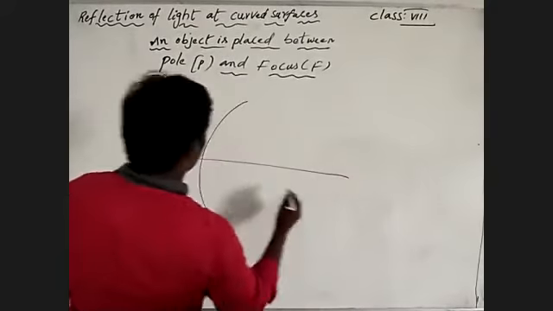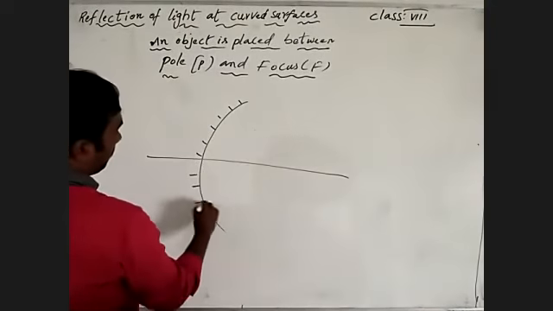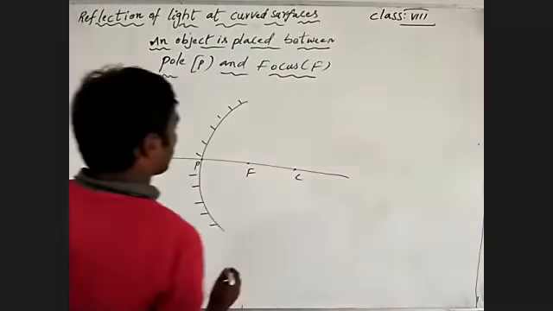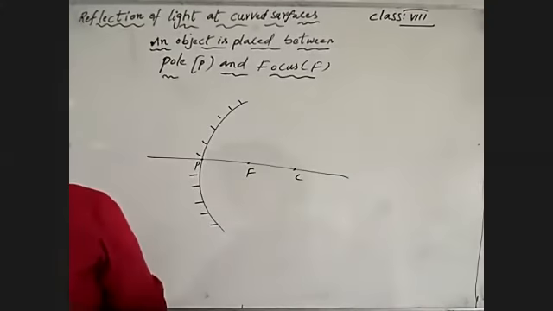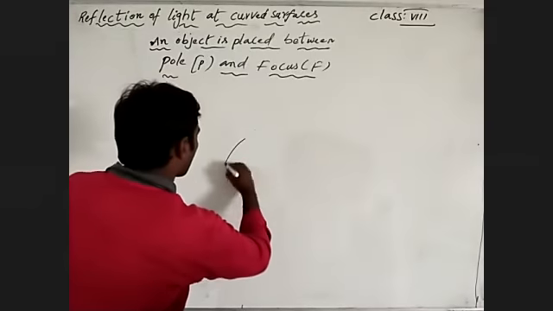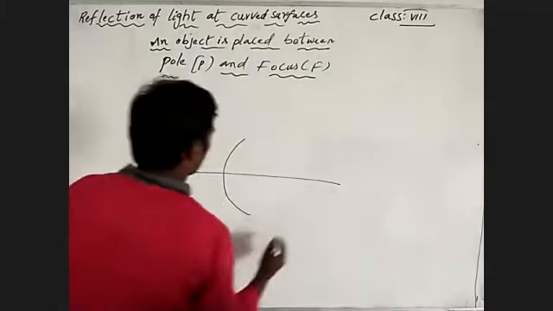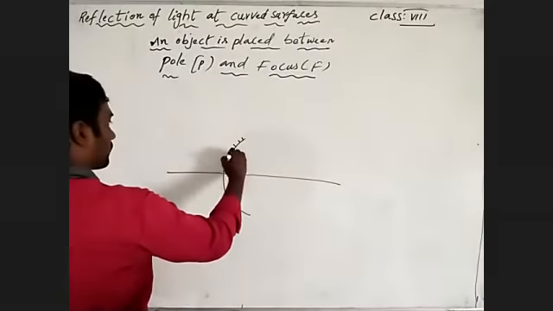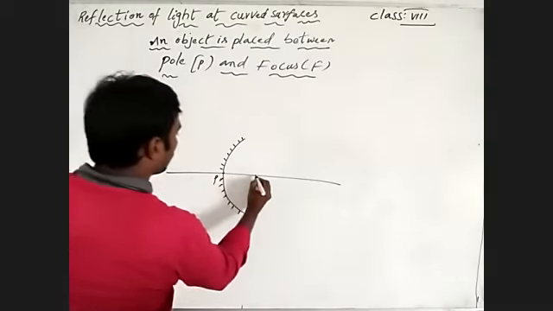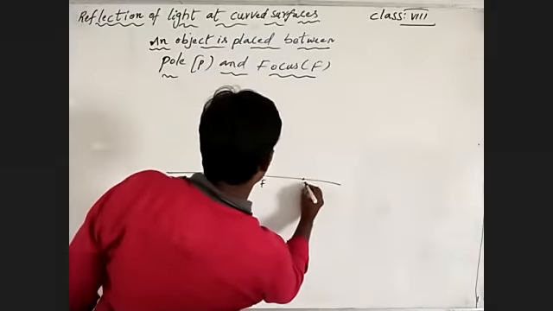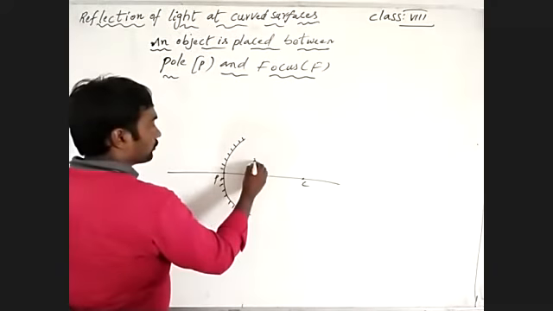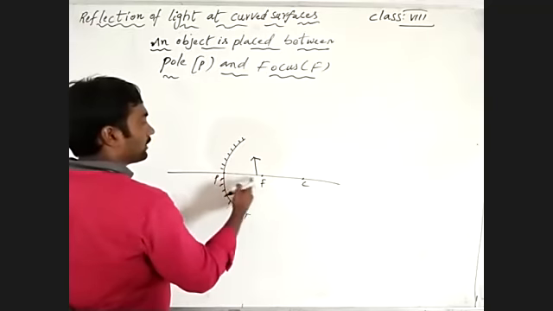This is an inner curved surface, with the pole, focus, and center of curvature. An object is placed between the pole and focus.